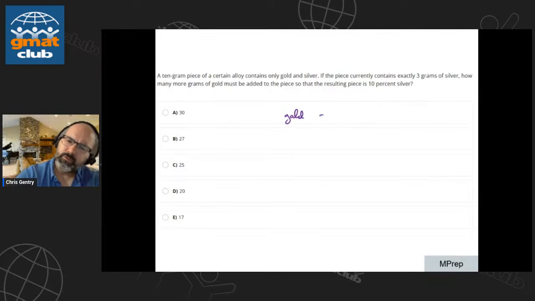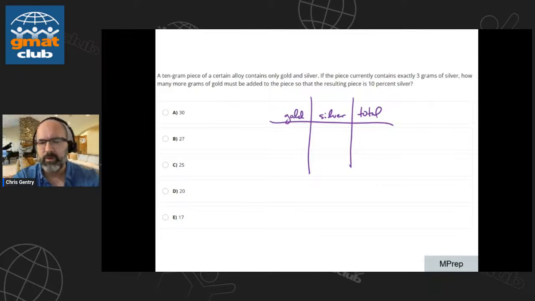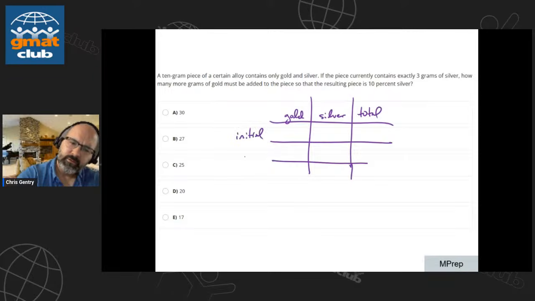So gold, silver, total. I was a chemical engineering undergrad, and so I know the chemical symbols for gold and silver still. I debated whether I'd be completely nerdy about that and use the chemical symbols, but I decided no, that's really not necessary. And so we have some initial, some change, and some final amount.